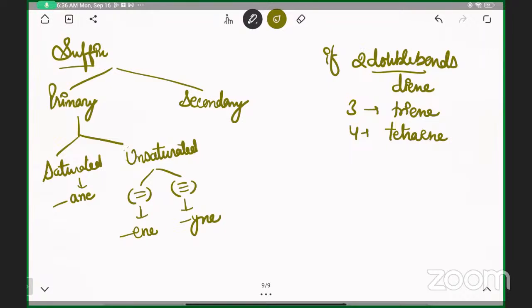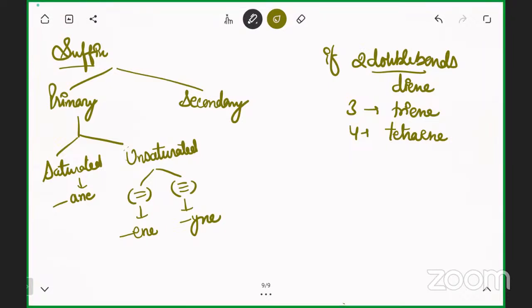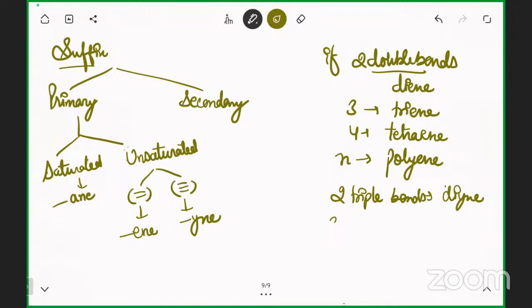If n number of double bonds are present, then you'll use polyene. If two triple bonds are present, then you'll use diyne. Three triple bonds, you'll use triyne. Same, polyyne if you go for n number of. Okay, so this was all about the primary suffix.